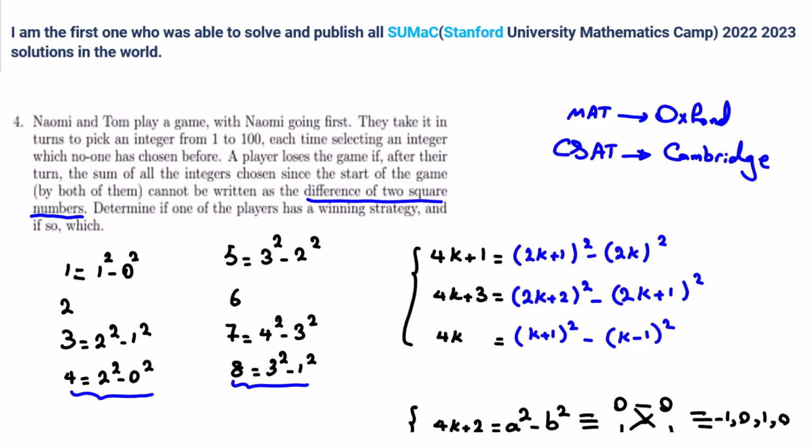They take it in turns to pick integers from 1 to 100, Naomi going first. A player loses the game if after the turn the sum of all integers chosen since the start of the game by both of them cannot be written as the difference of two square numbers.